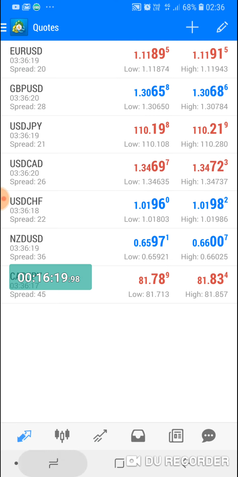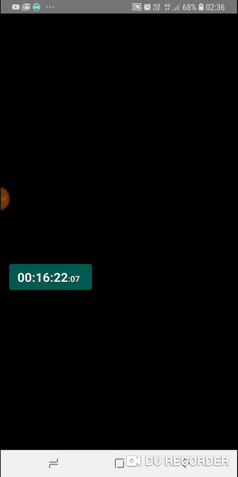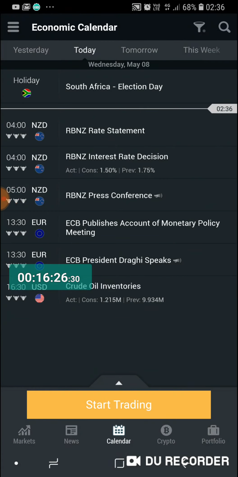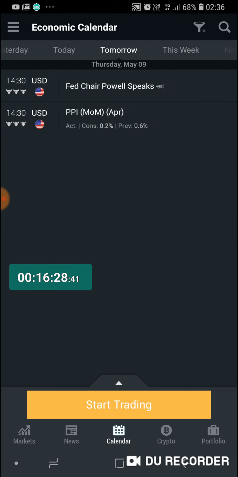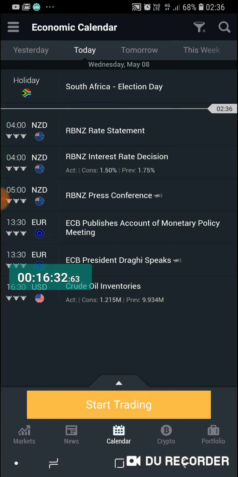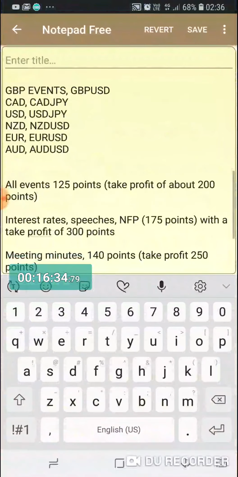Now, last example based on interest rate. Let's take an interest rate event as an example. Let's say the interest rate under NZD. Remember what I said about the points regarding the interest rate. Interest rate is 175 points.